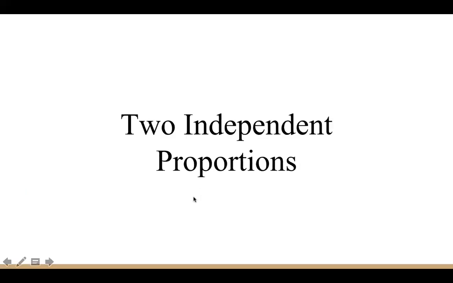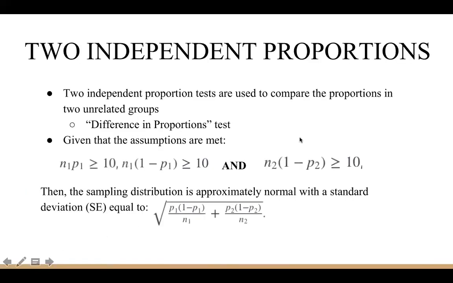So two independent proportions. Two independent proportion tests are used to compare proportions in two unrelated groups. So you want to make sure that they're unrelated, and here you just use a difference in proportion test. So for your assumptions, you just want to make sure that there's at least 10 successes and 10 failures in each group, not one or the other.